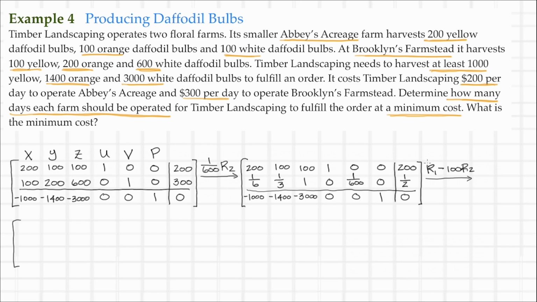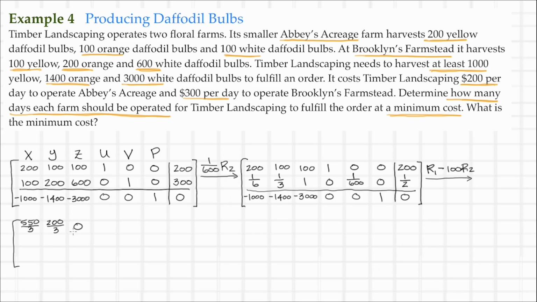And 200 minus 50/3 is 550/3. 1/3 times 100 is 100/3. And 100 minus 100/3 is 200/3. 1 times 100 is 100. 100 minus 100 is 0.